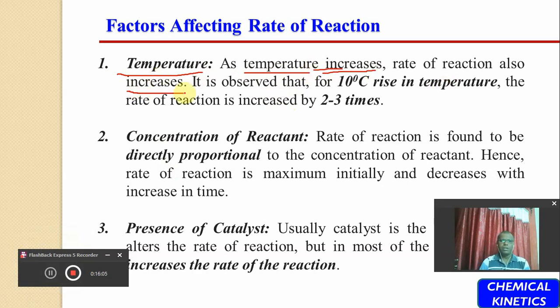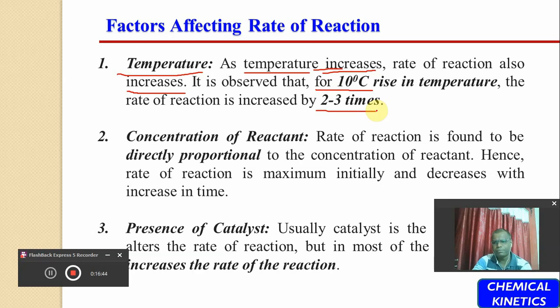It means that rate of reaction and temperature are directly proportional. It is also observed that if the temperature of the reaction is increased by 10 degrees Celsius, then the rate of reaction increases by 2 to 3 times. This is a quantitative relation showing how much the rate of reaction increases with the increase in temperature.